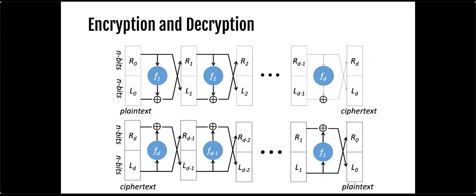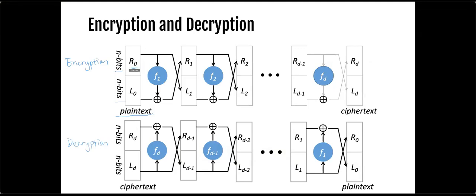You can consider that the first row is the encryption network. I'm going to write over here. This is for encryption, and this part is for decryption. Given a plain text, it's going to be cut into half.